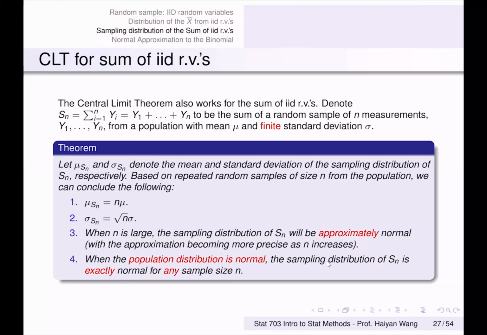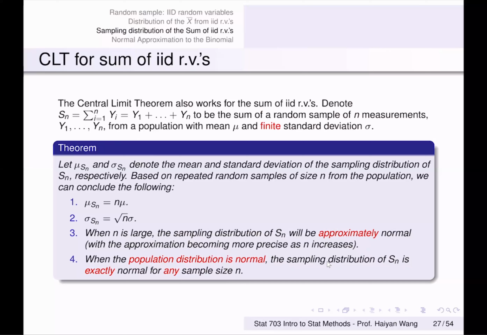When the population distribution is normal, that means y1, y2 up to yn have a normal distribution. In that case, this summation would be normally distributed regardless of how big the sample size is.